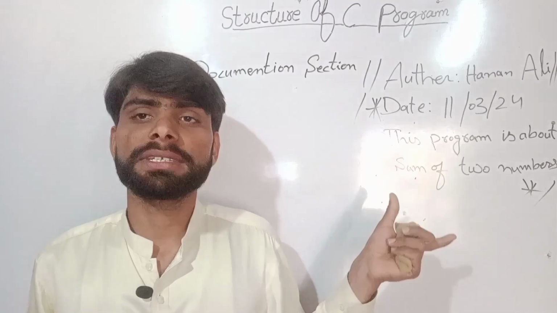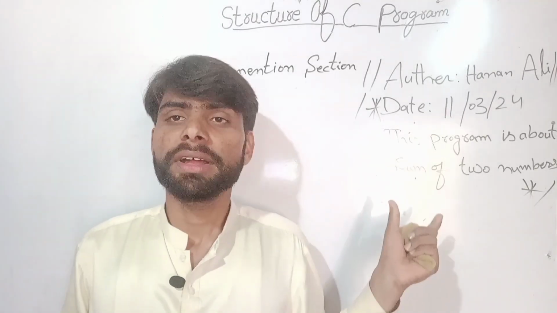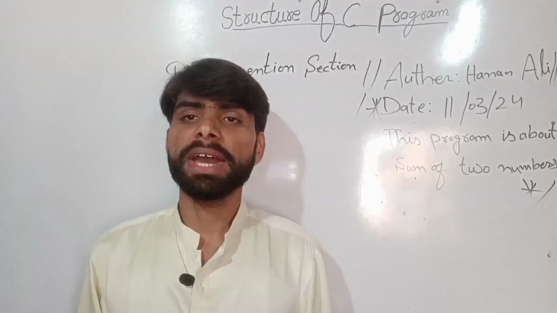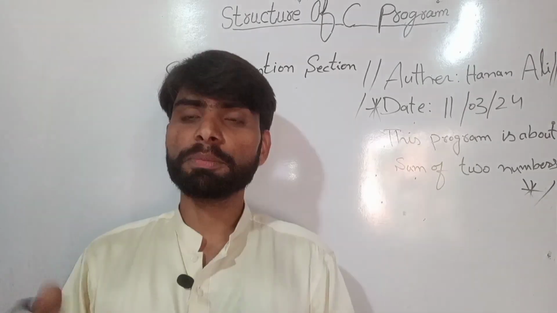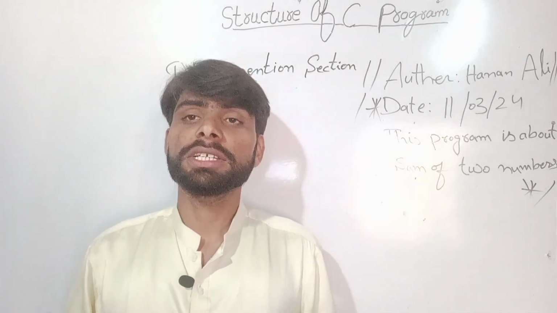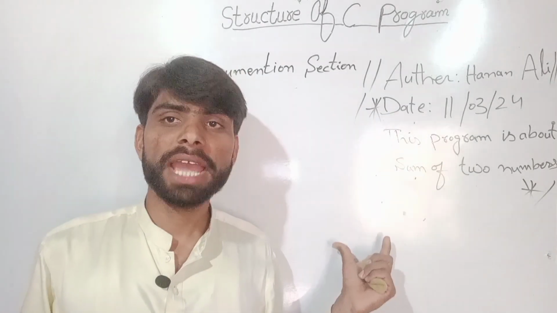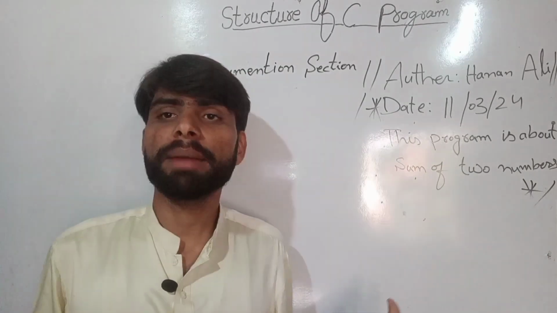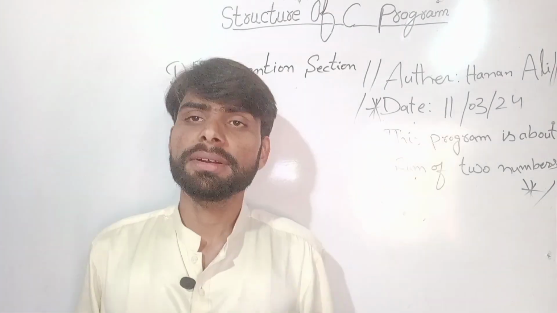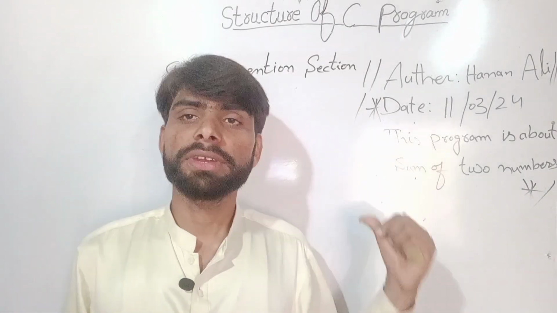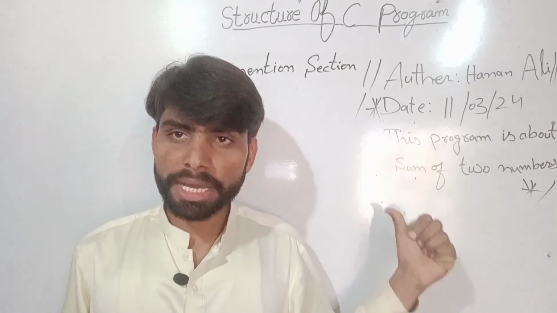Documentation is necessary when a large program is written. In the future, when another programmer sees it, he would otherwise have to look through the whole program. That would be very tough for the next programmer who looks at that program.